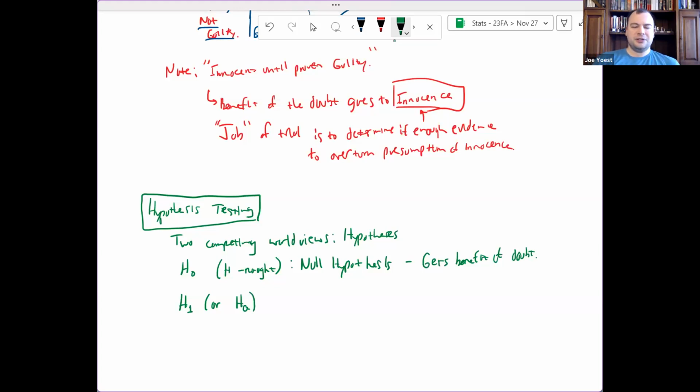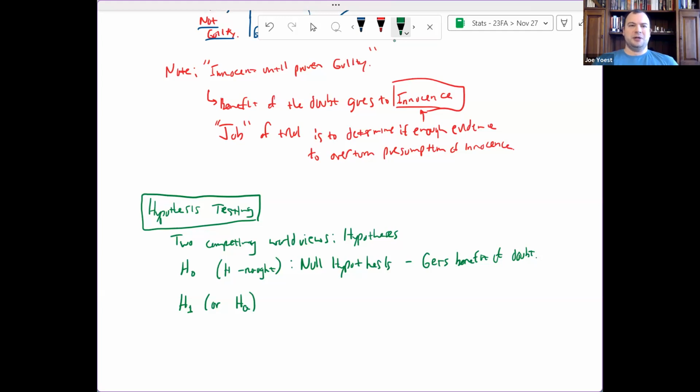There are lots of different setups for particular hypothesis tests for particular applications, but speaking in generalities, the null hypothesis would be the status quo. If I'm a researcher and I want to prove that my drug works better than some standard of care treatment, H naught would be that the standard of care treatment is just as effective as my drug.